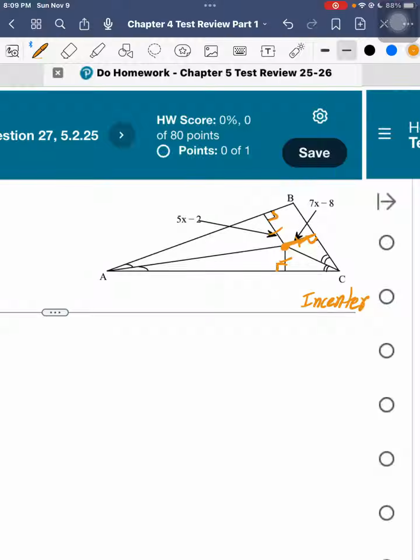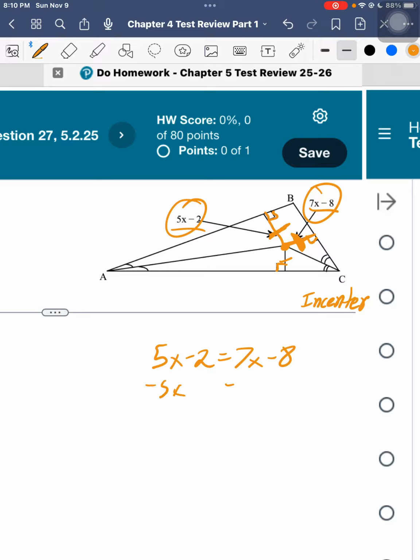And if this perpendicular side is 7x minus 8, and this perpendicular side is 5x minus 2, both are congruent, and if segments are congruent, then their values are equal. So I just have to set 5x minus 2 equal to 7x minus 8. So minus 5x, plus 8, plus 8.